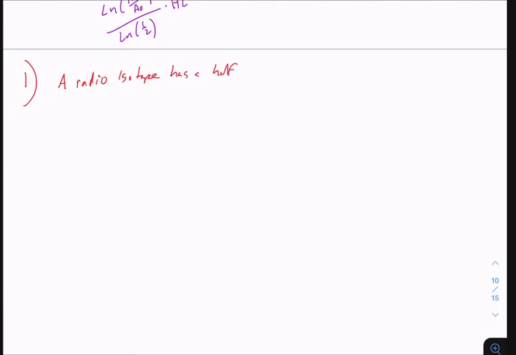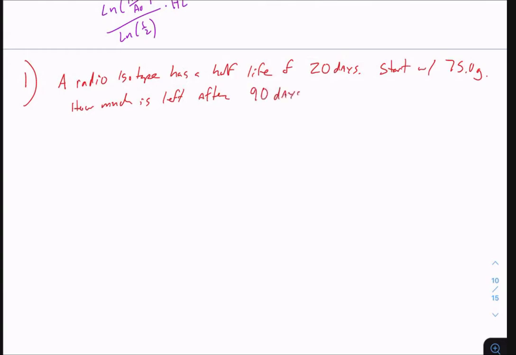So here we have a radioisotope. It's got a half-life of, we'll say 20 days. Start with 75 grams. How much is left after 90 days?